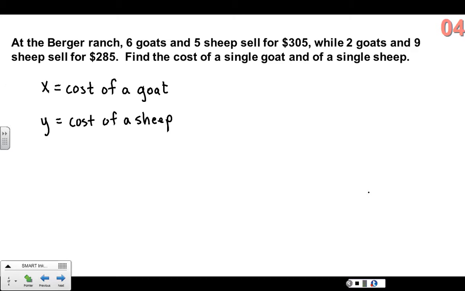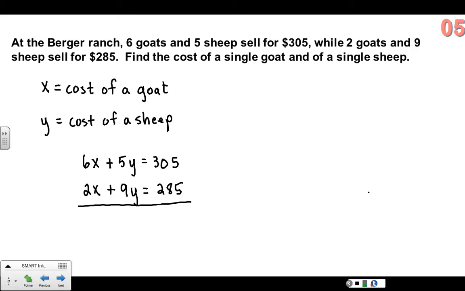Okay? So it says 6 goats and 5 sheep. So we're going to put those together. 6x plus 5y, the sale for those is $305, while 2 goats and 9 sheep is 285. So I have a system of 2 equations with 2 unknowns.